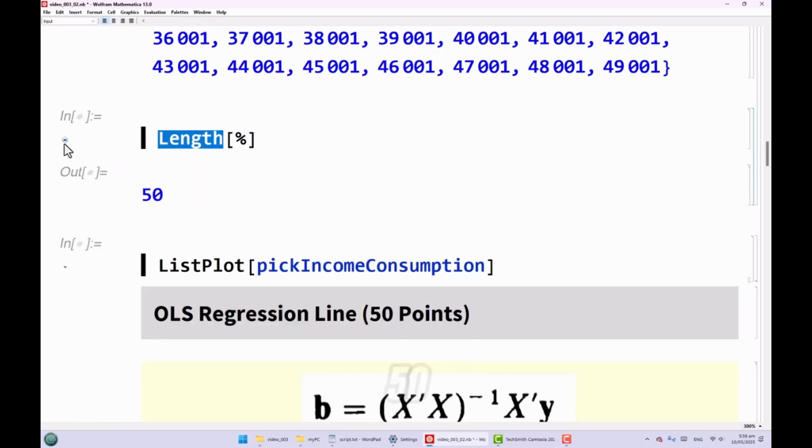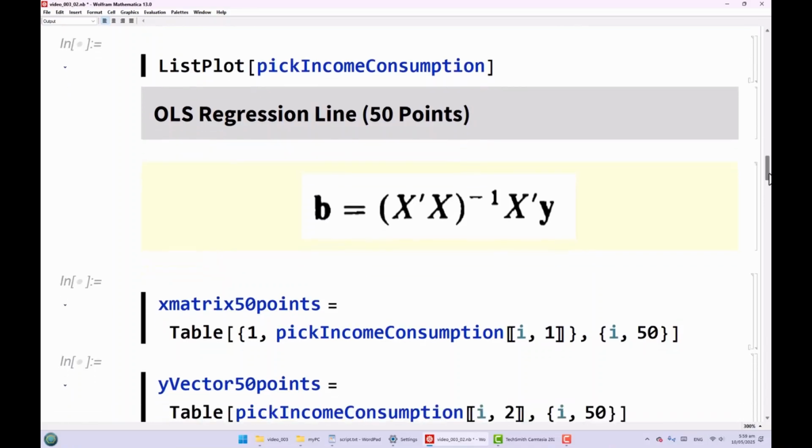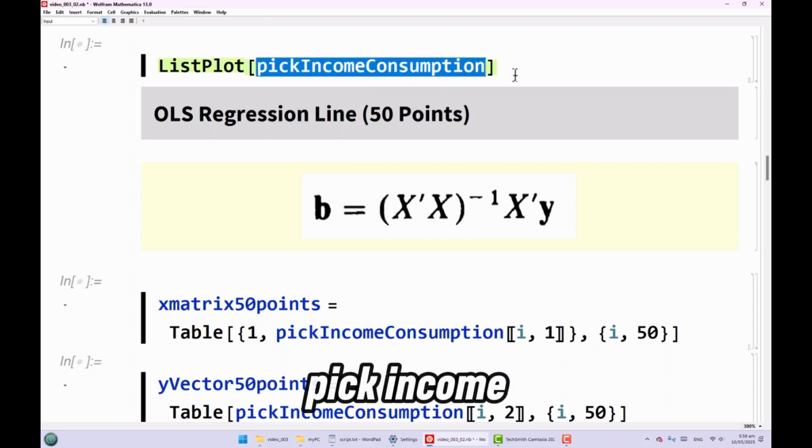So length of the vector is 50. Let's look at the scatter plot of these pick income consumption points.